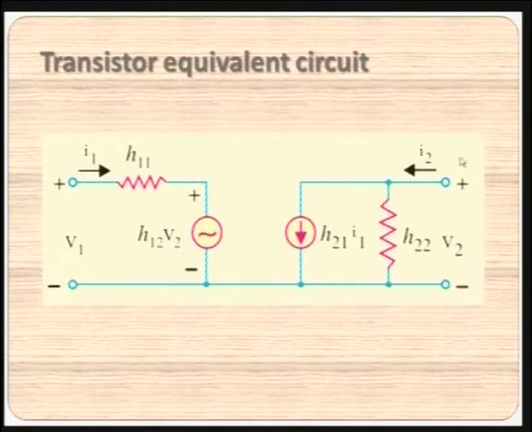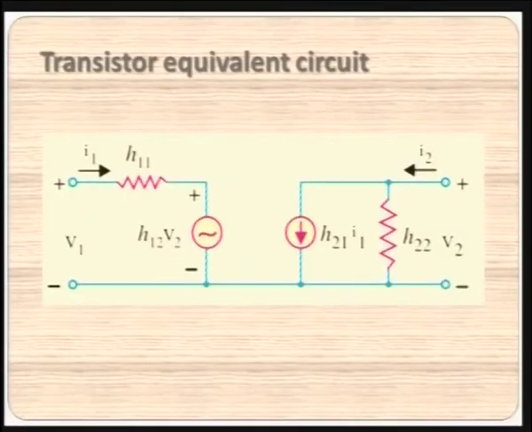So we have clearly seen the two equations that we had for understanding the H parameter are very significant for drawing the equivalent circuit for the transistor. The first equation takes care of the input side in terms of voltage, and the second equation takes care of the output side in terms of current.